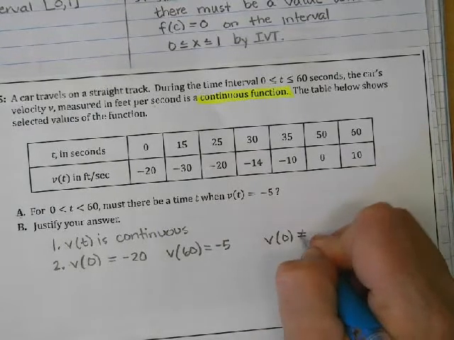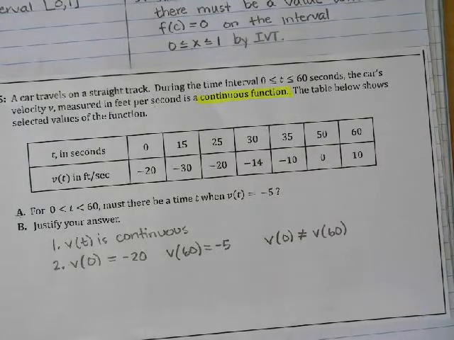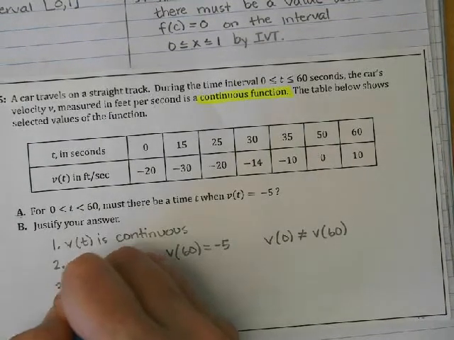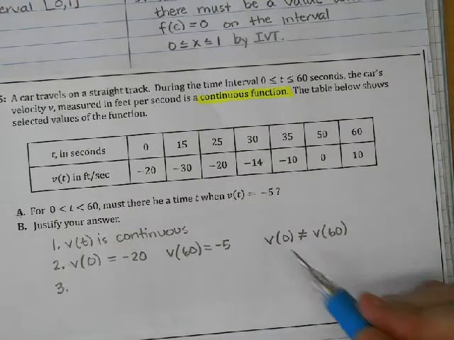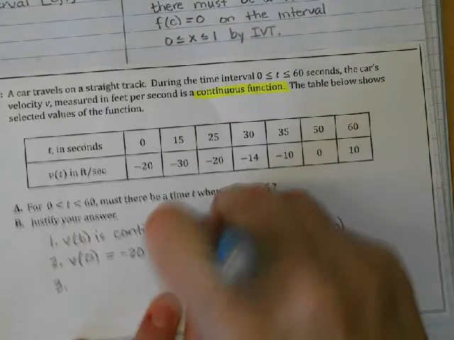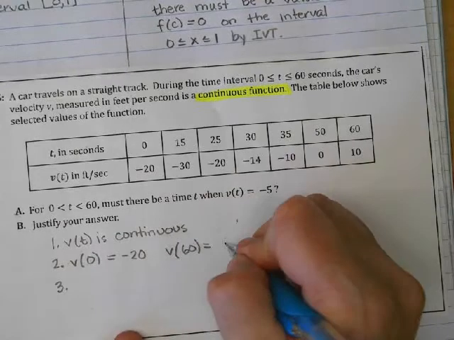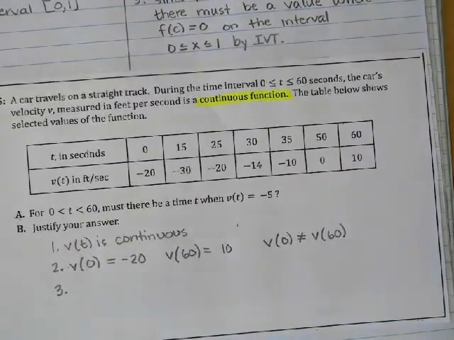Velocity at 0 does not equal velocity at 60. Okay, number 3. Okay, so we also have, oh, wait a second. Oh, I see what was wrong. Do we have a change of sign here? So, oh, whoops, because I did it wrong. That is 10. There. Now we have a change of sign. I was going to say, we got a problem here.